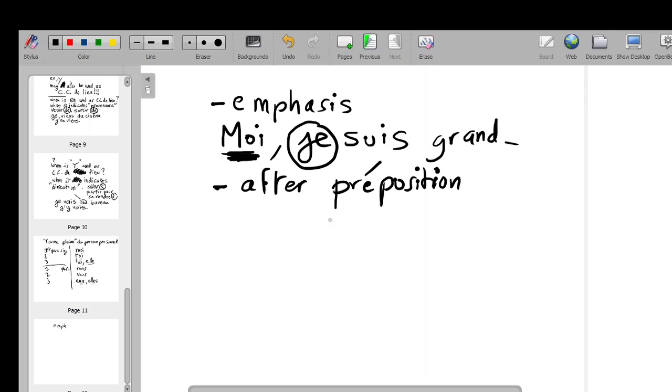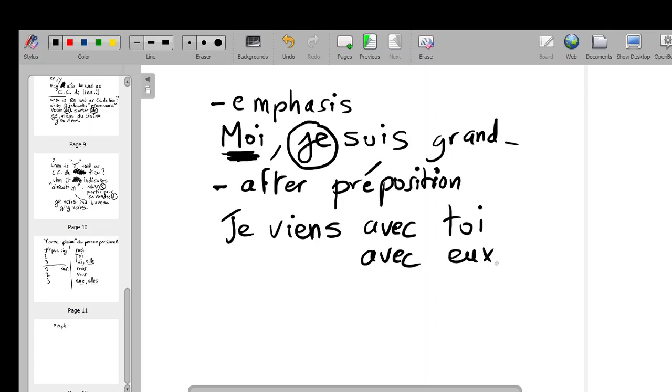So, for instance, je viens avec toi, je viens avec eux, etc. Okay, so after a preposition you have to use that forme pleine.